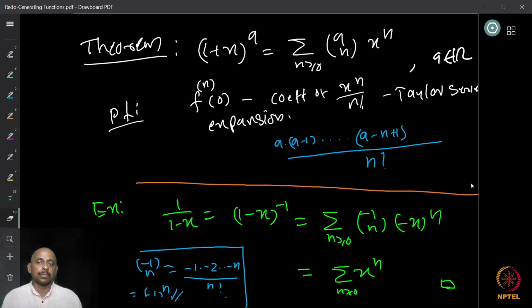Therefore, I can use the generalized binomial expansion, which will tell me that it is the summation of minus 1 choose n times (minus x) raised to n. Now, what is minus 1 choose n? It is minus 1 into minus 2 into etc., minus n, divided by n factorial. But this is (minus 1) raised to n times n factorial, divided by n factorial. So n factorial cancels out, and I get (minus 1) raised to n.